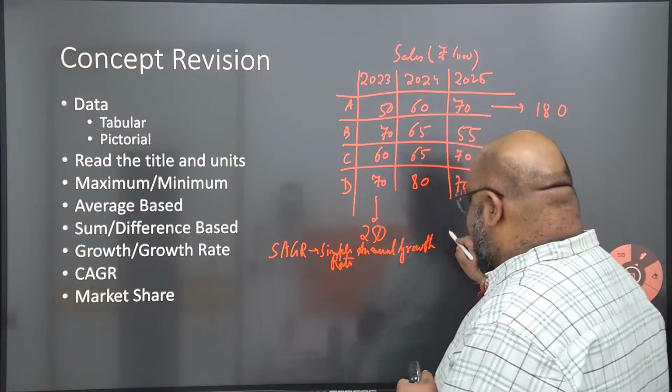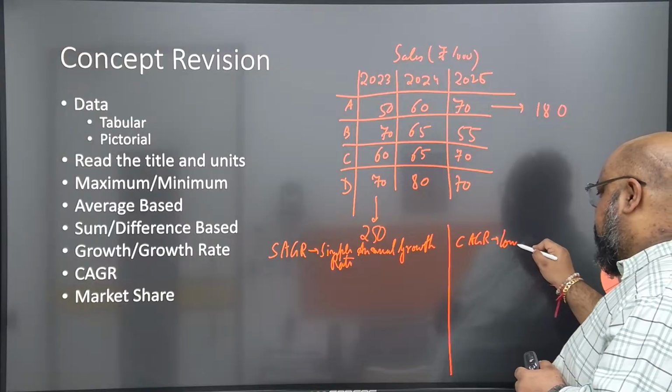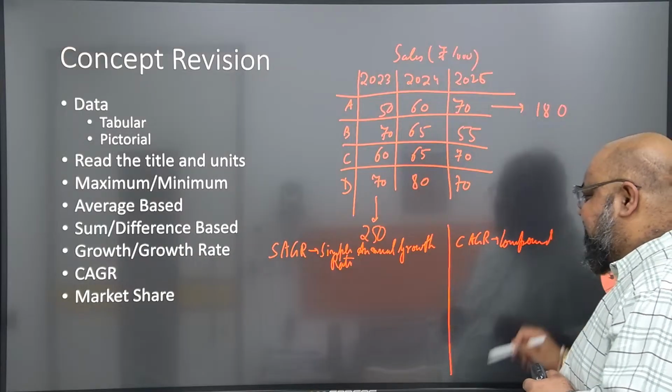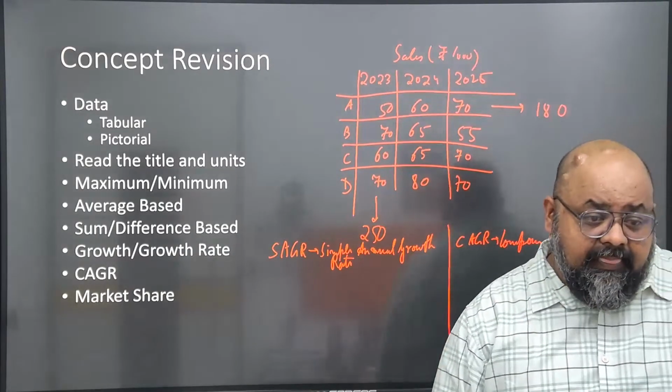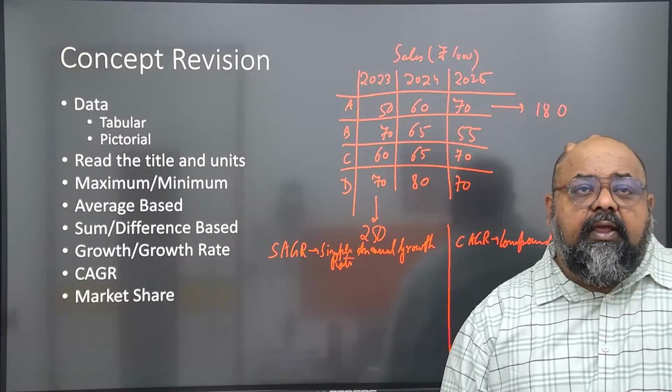And therefore CAGR is nothing but compound annual growth rate. SAGR is similar to simple interest. CAGR is similar to compound interest, right?